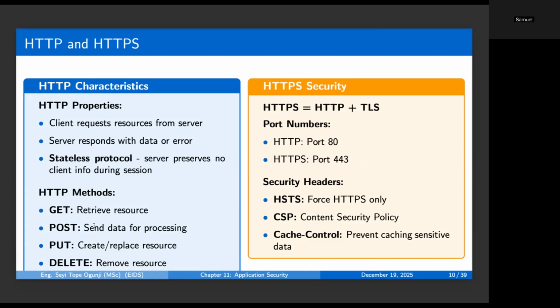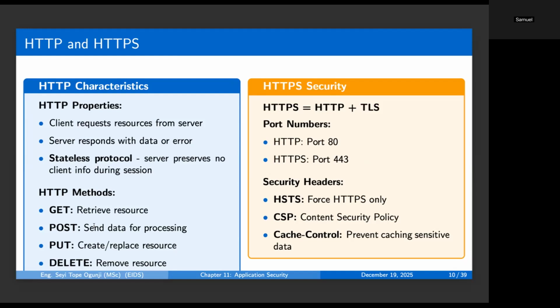But now we go to HTTPS. Again, the S part is the security there. So the security layer there is the TLS that is added. And this TLS, like we said before, is transport layer security. So when we add TLS to HTTP, we're going to have HTTPS.